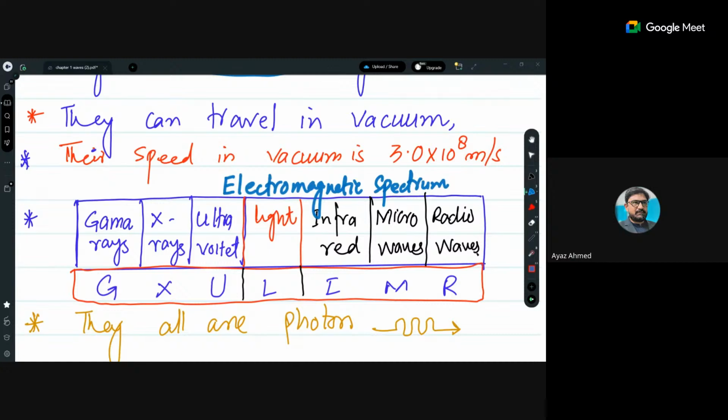These waves have different frequencies, because every wave has this property that there will be a frequency of the wave and a wavelength of the wave. These electromagnetic, non-mechanical waves have frequency varying from gamma to radio waves.